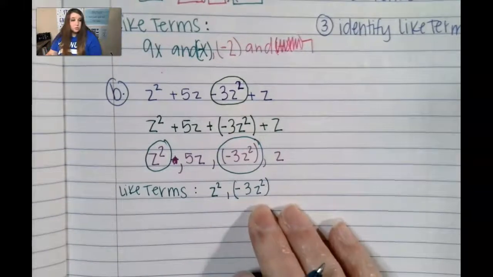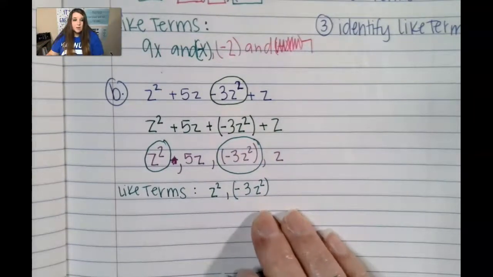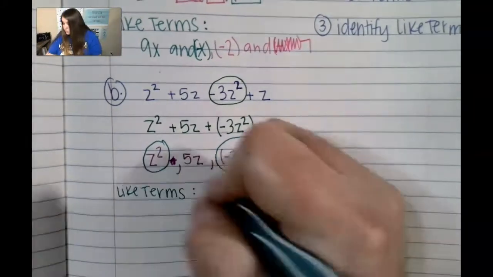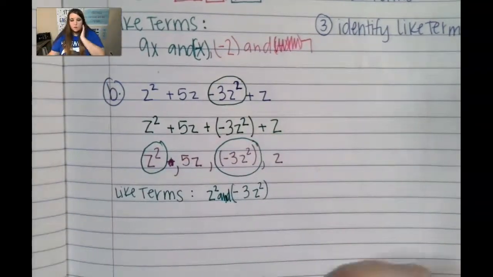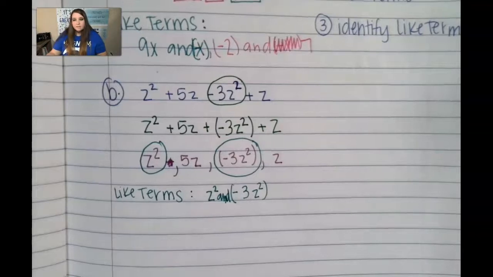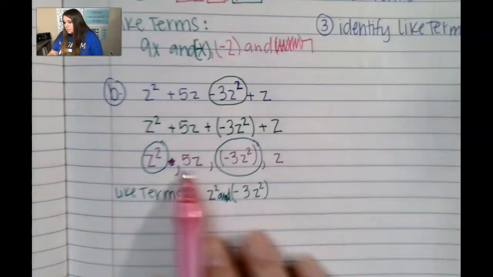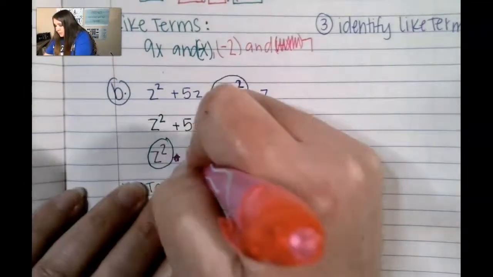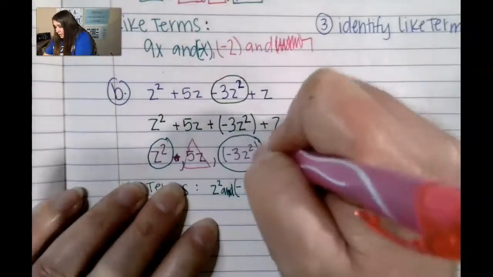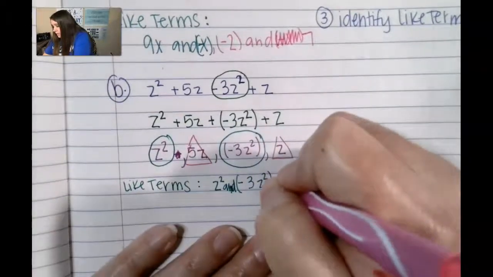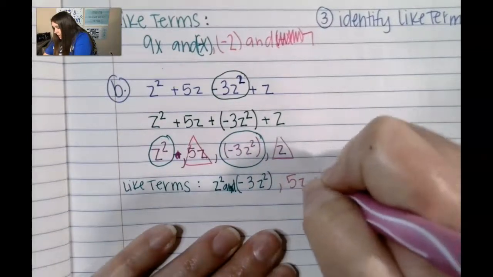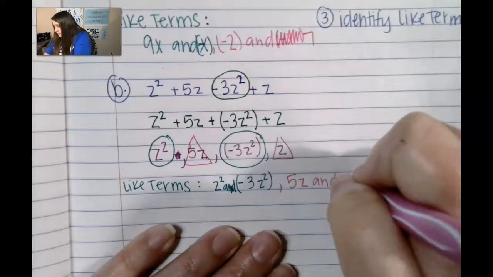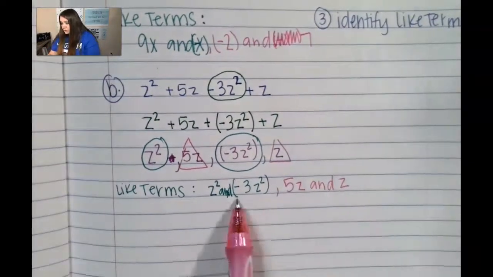Those are like terms. Okay, those ones are the same type of terms. Okay, we also have in this list, this has a z and this has a plain z. So 5z and z, these are also like terms. 5z and z. Like terms.